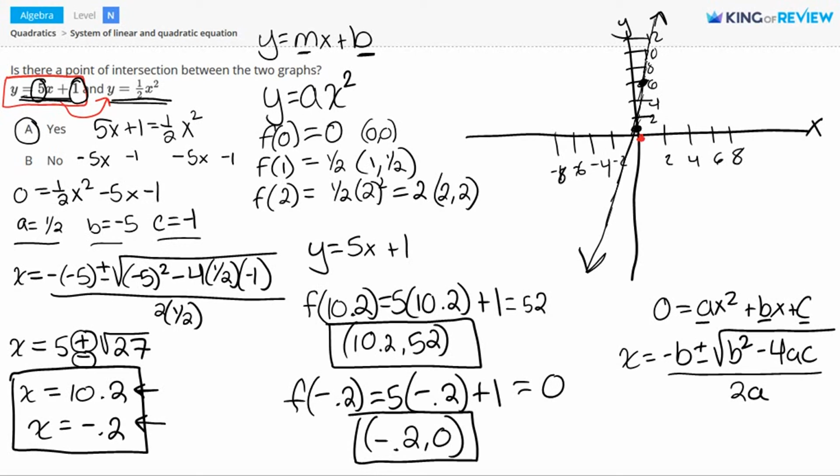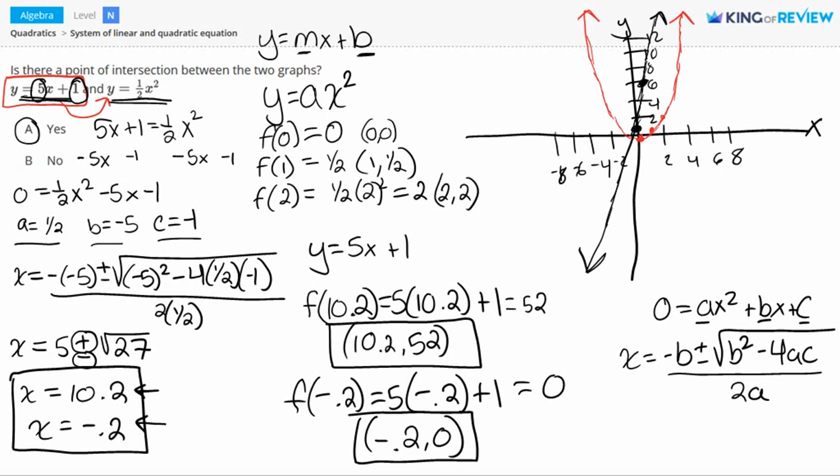We have a point at 1, 1/2, which is right here. We have a point at 2, 2, which is right here. So now I can plot the right-hand side of the parabola. We know that there's an axis of symmetry on a parabola, so the left-hand side would mirror the right side. So this is going to look something like this.